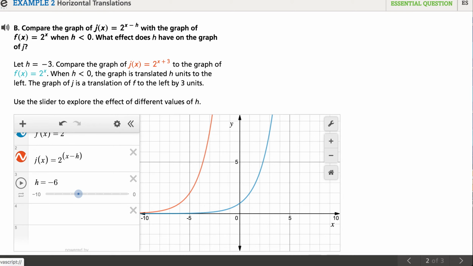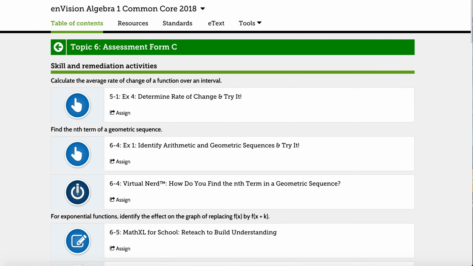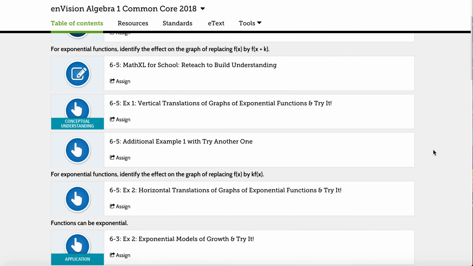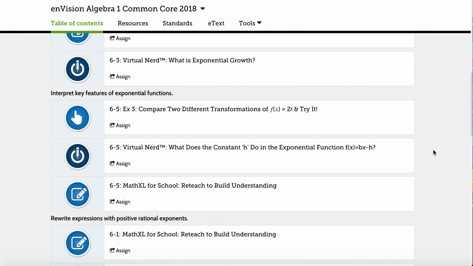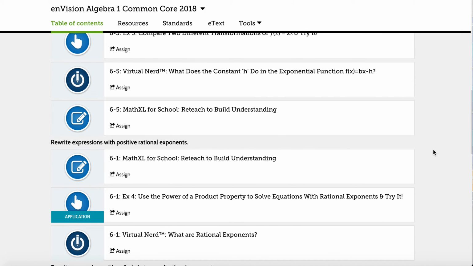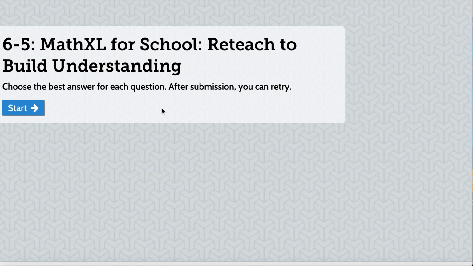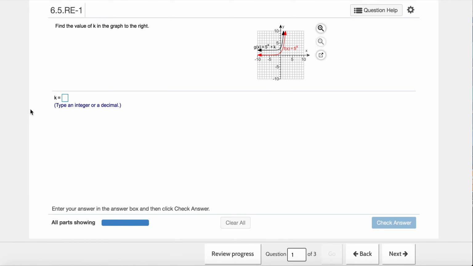Okay, now let's move on. I would like to explain something about when I assign work for you guys. When I assign work on Math Excel for school, for example, as I assign work for different levels, let me show you how to use the help.